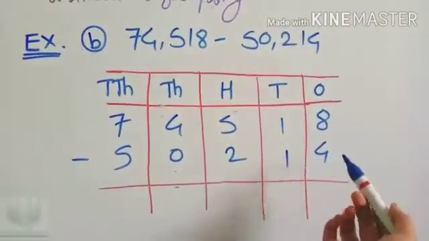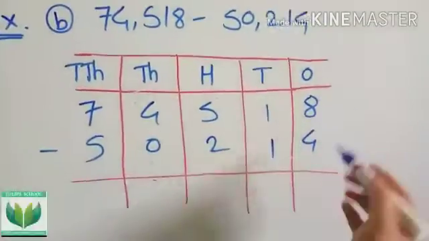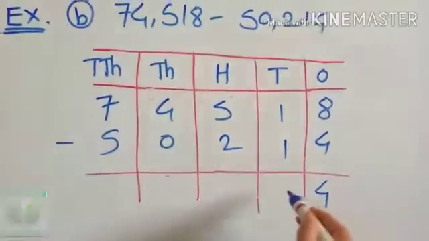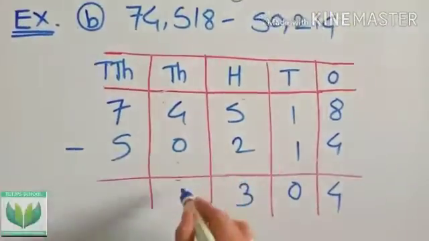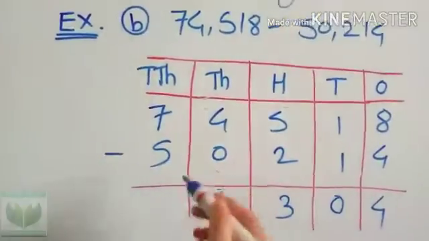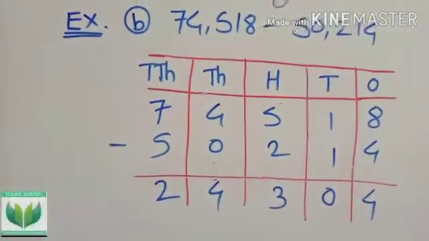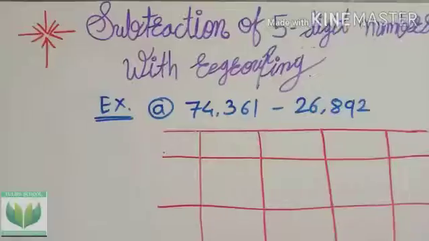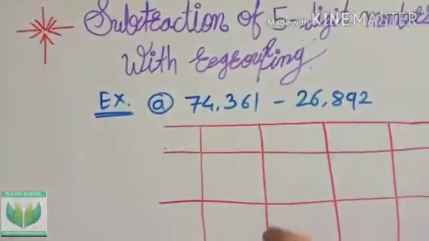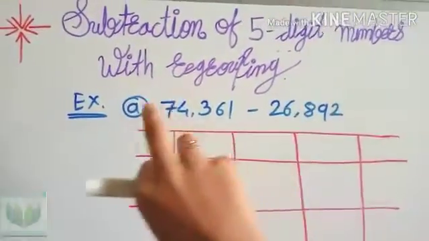Minuend minus subtrahend is equal to difference. 8 minus 4, 4. 1 minus 1, 0. 5 minus 2, we know that 3. 4 minus 0, 4. 7 minus 5, 2. Now the answer we get is 24,304.